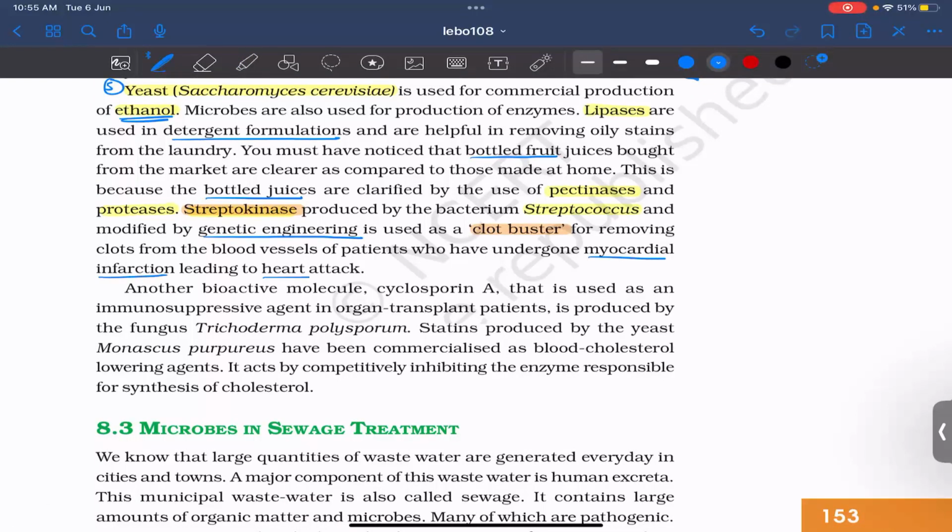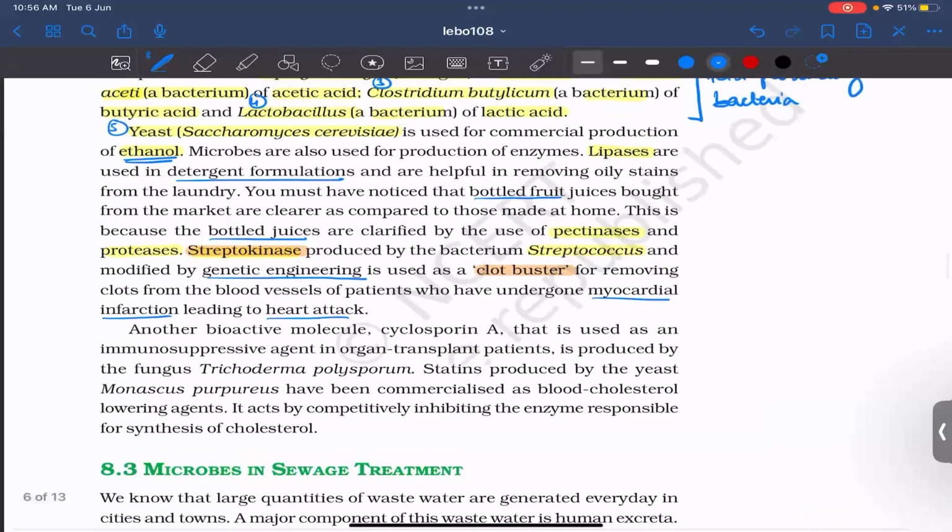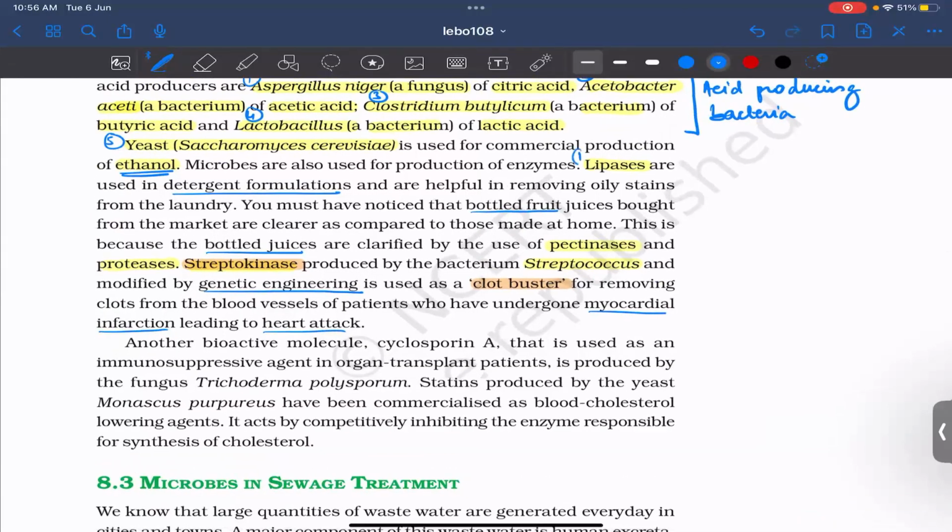Actually, myocardial infarction can't be cured because it is an irreversible change, the death of cells, but it can be stopped from happening further by removing the clot. So the enzymes we discussed are lipases, pectinases and proteases, and streptokinase.